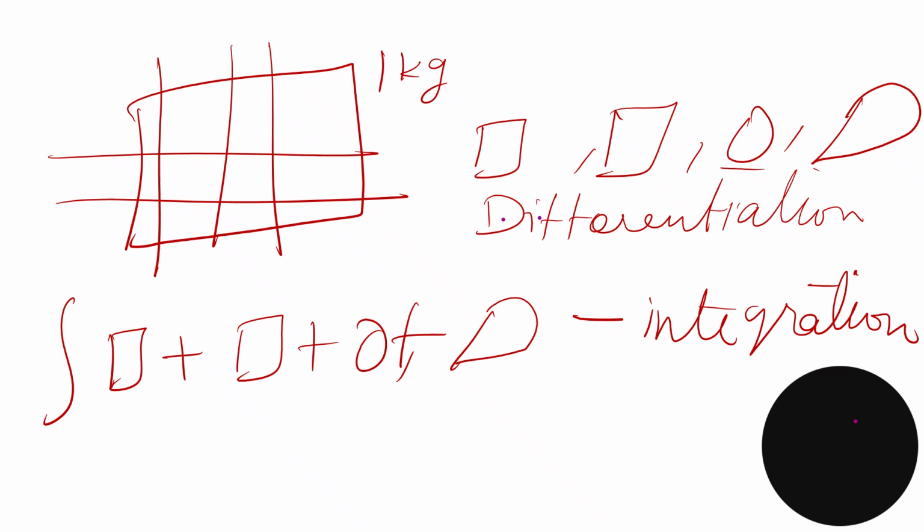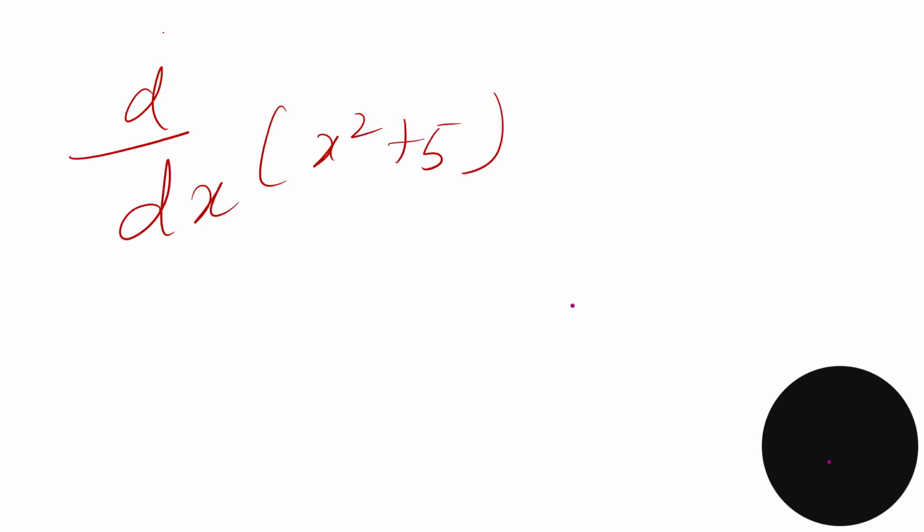The reason behind the plus c is, if we differentiate a constant, it becomes 0.